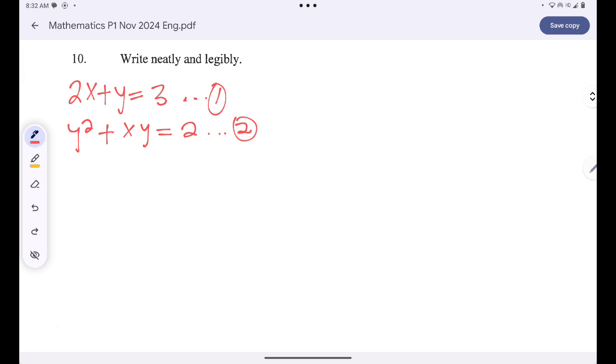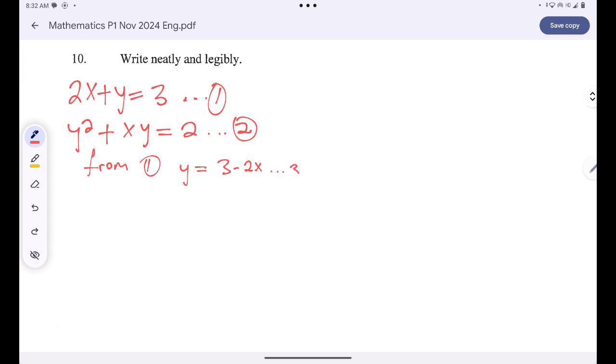I cannot solve two unknowns in one equation. So the first thing I need to do over here, guys, is to simply isolate one variable. And I'll take the first equation. From equation 1, y is equal to 3 minus 2x.